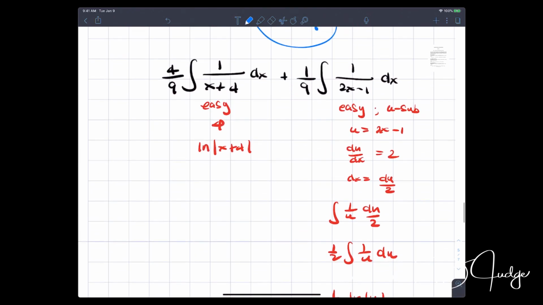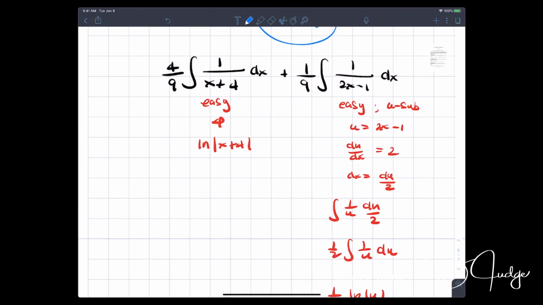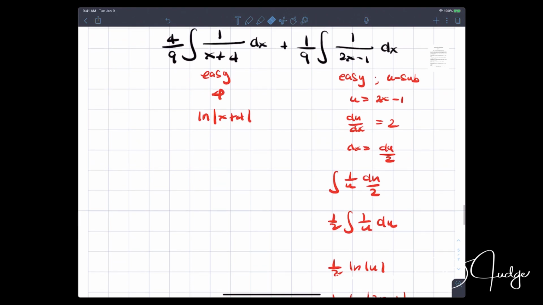So let's try to write this as a final answer. Let's kind of do that here. See if we can fit this in. 4/9 natural log absolute value of x plus 4, plus 1/9 times 1/2 natural log absolute value of 2x minus 1, plus c.